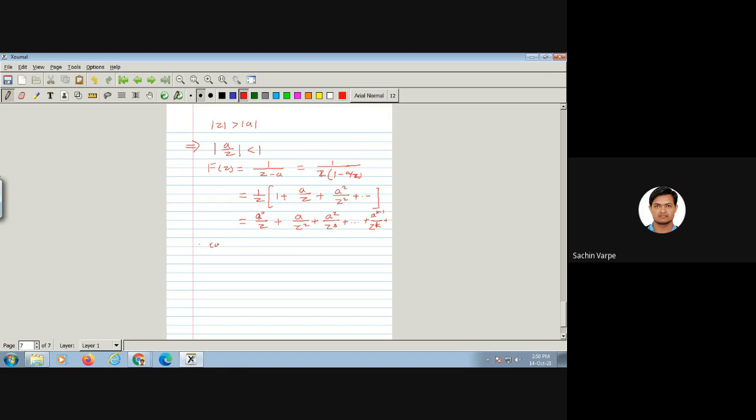Therefore, coefficient of z raised to minus k, let us say f of k, is a raised to k minus 1, where k कहां से कहां vary हो रहा है? k varies from k equal to 1. तो k greater than or equal to 1 we can write. Is this clear, Jay? Yes, sir. Okay.